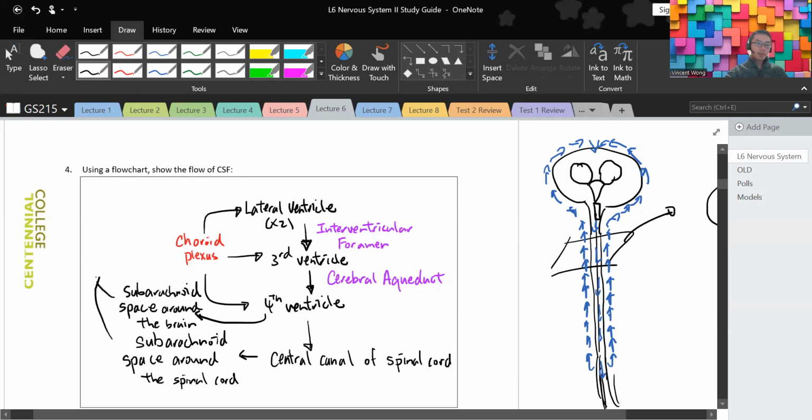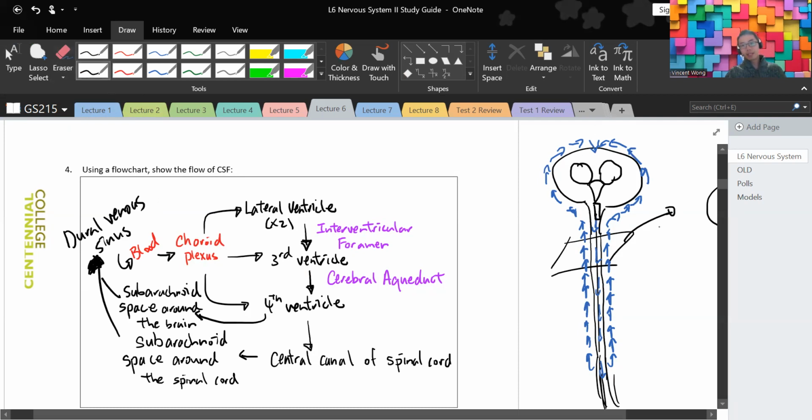It doesn't matter, because eventually they will both end up in the dural venous sinus, where it will go back to the blood, before you filter them again.